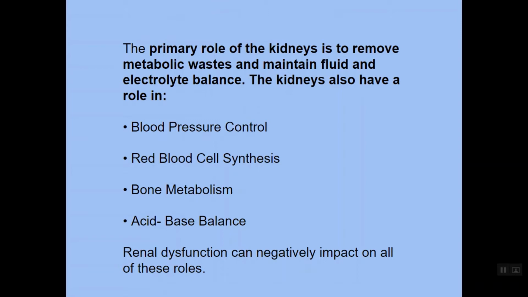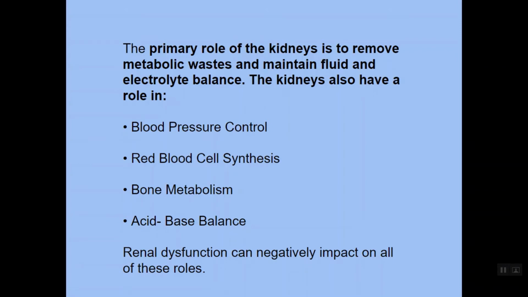The kidneys also have an important role in blood pressure control via the renin-angiotensin-angiotensinogen pathway. The kidneys also play an important role in red blood cell synthesis through the production of EPO, which sends signals to the bone marrow to produce red blood cells.